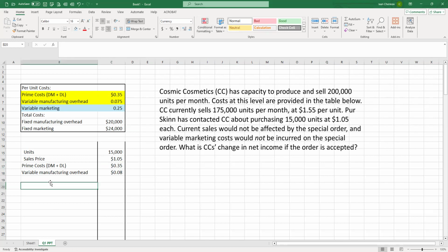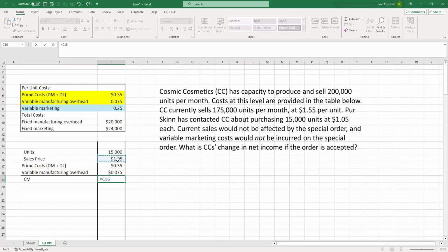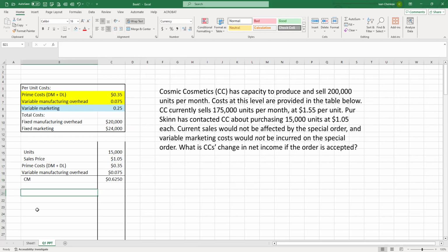So once I consider those costs, how much will be my contribution margin? Equal to this one minus this one and minus that one, right? Let's see how much exactly it is. That's how much my contribution margin is. How many units am I going to purchase? 15,000.